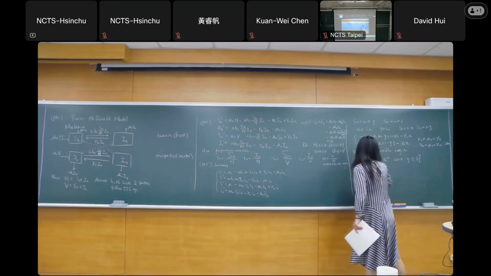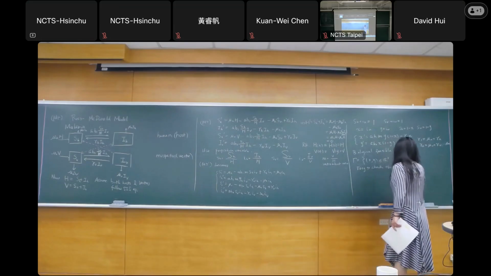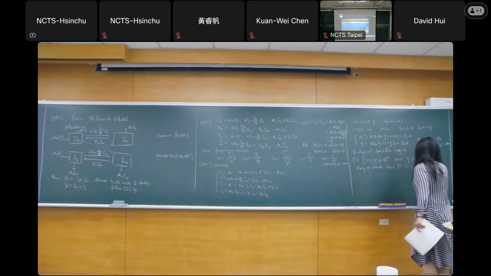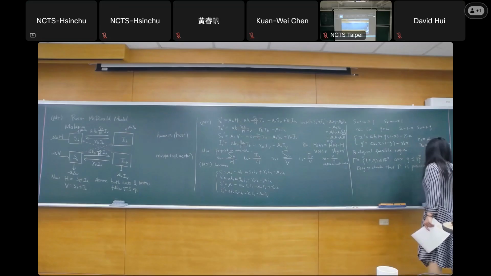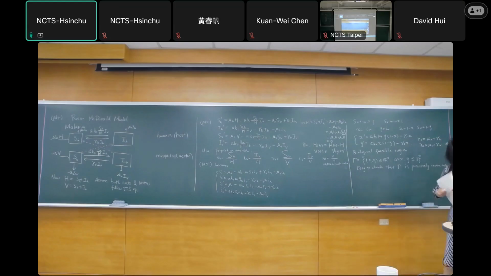I'll give a name for this region. It's positively invariant. We need this. Once you start in the biological physical region, you stay there. Positive just means you move your time clock forward, right? You start there, you run your system, you stay there. So positive invariance is important. This basically means the problem is well posed.